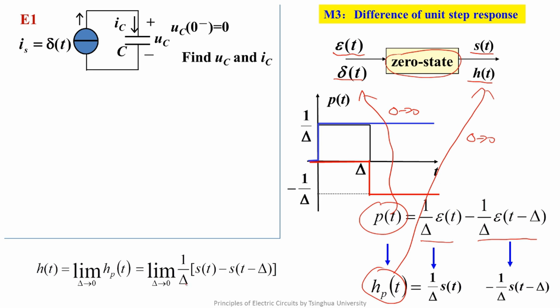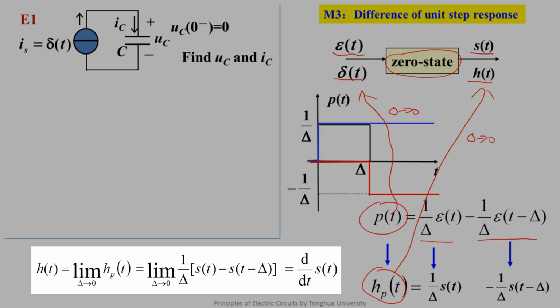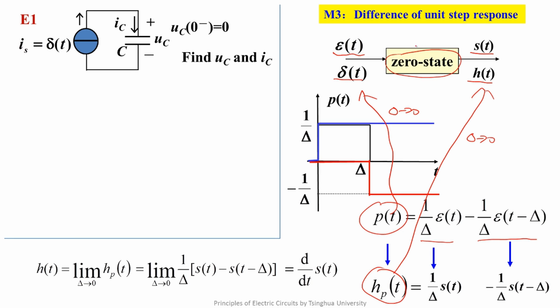We can get this. What's this? Isn't it a standard expression of the derivative of s? So h(t) equals ds over dt. It verified our supposition that if we can solve the unit step response s(t), its derivative is the unit impulse response h(t).